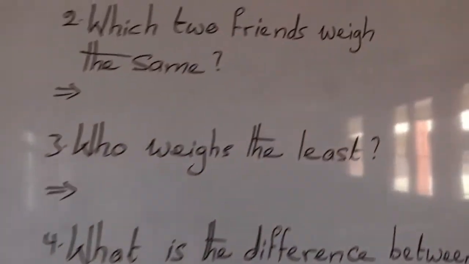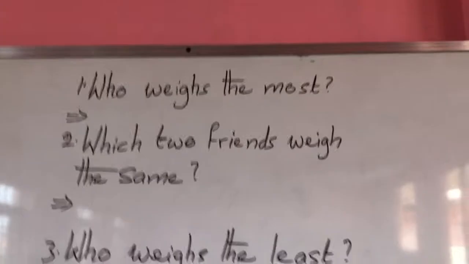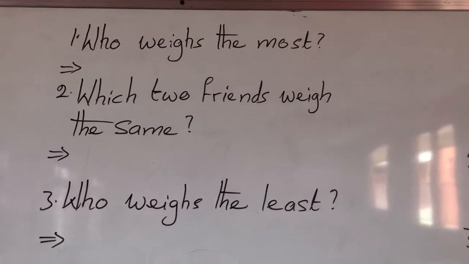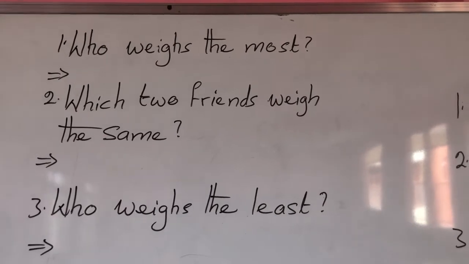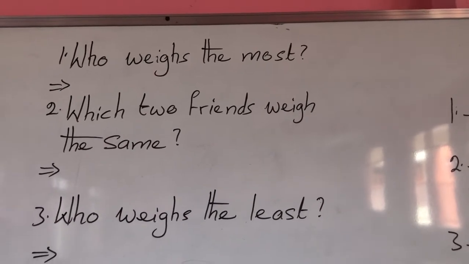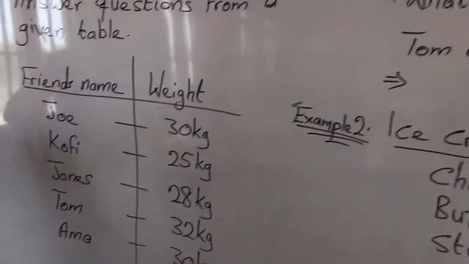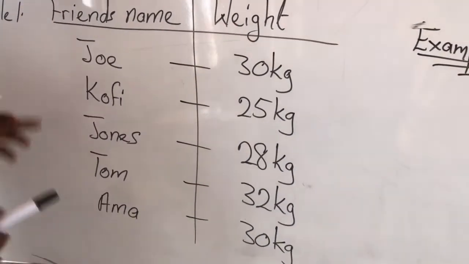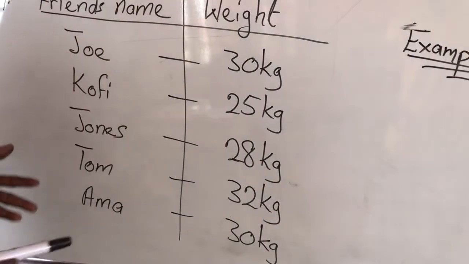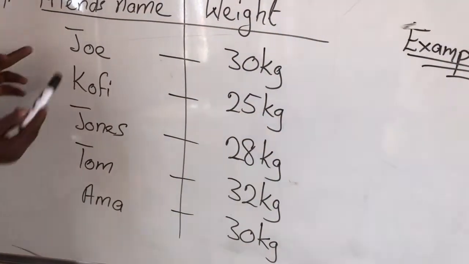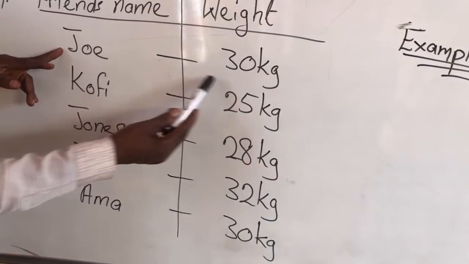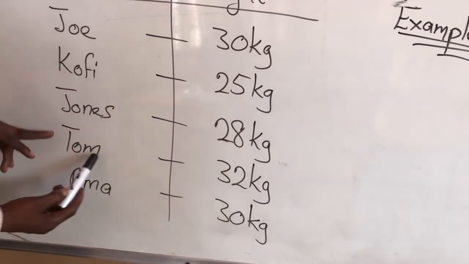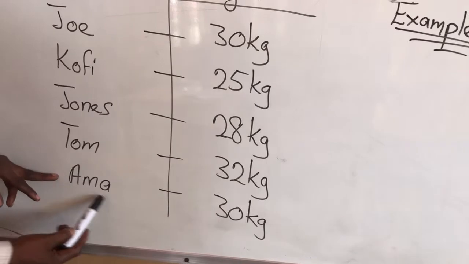Now the first question is, who weighs the most? The most weight. Let's quickly come back to the table here. The most means the highest number, the highest weight. Joe 30, Kofi 25, Jones 28, Tom 32, Amma 30.